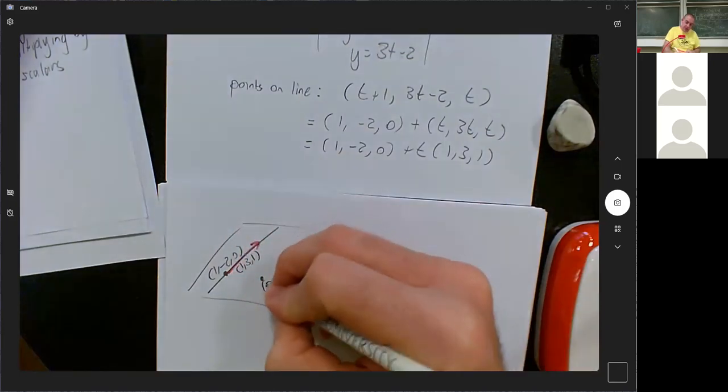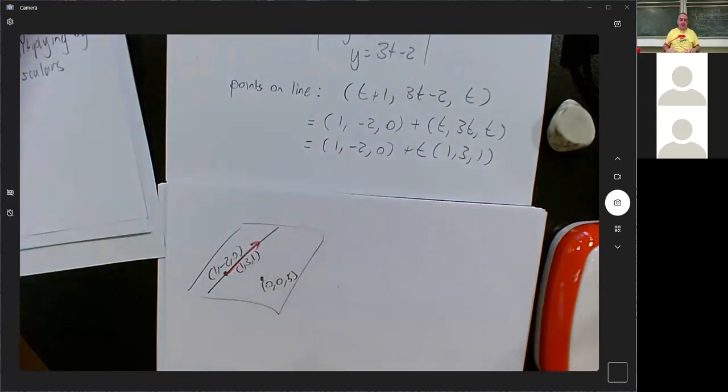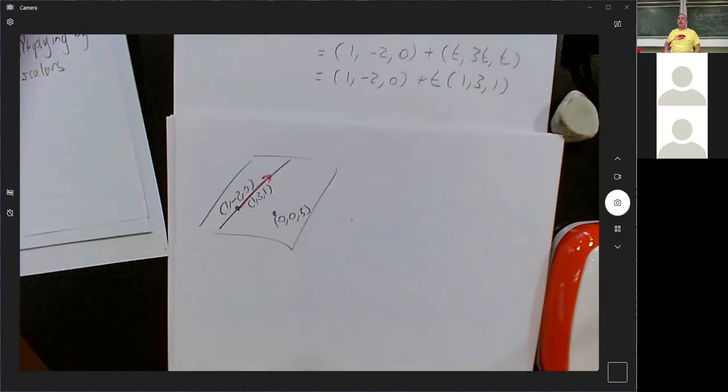We also have separately the vector 0, 0, 5. So I have one vector in the plane, which is the vector 1, 3, 1. I need a second vector in the plane, which means I should subtract these two to get a second vector.